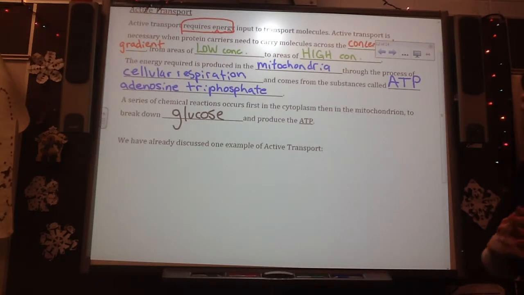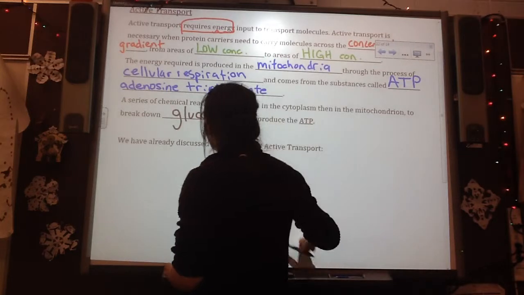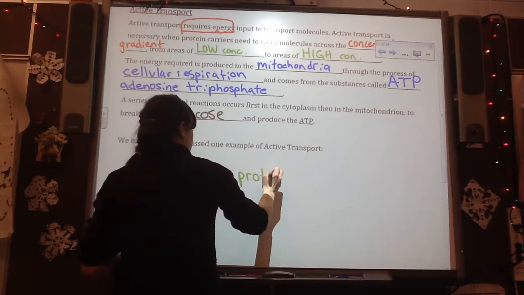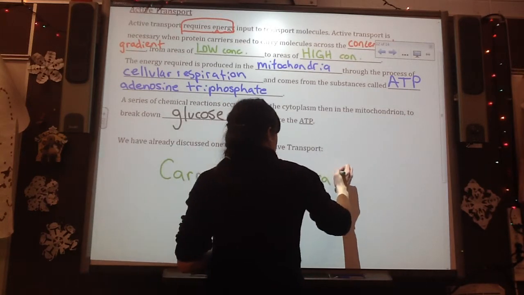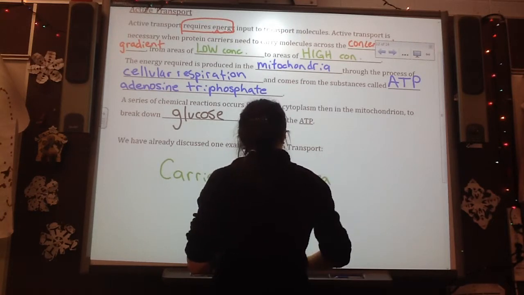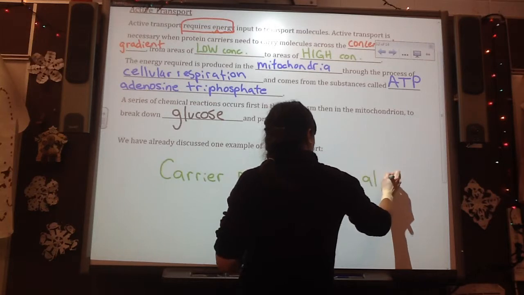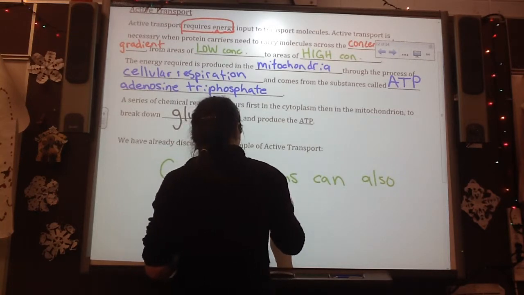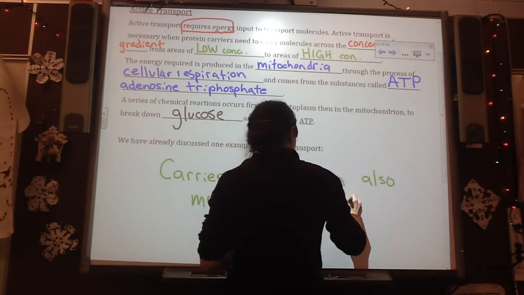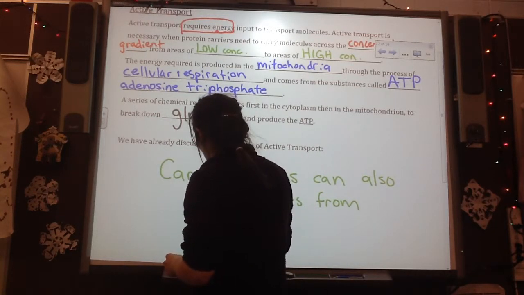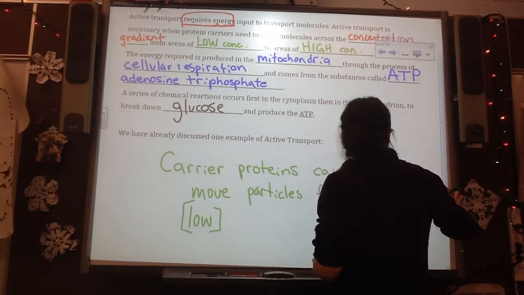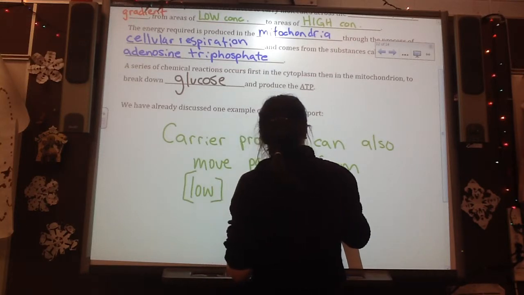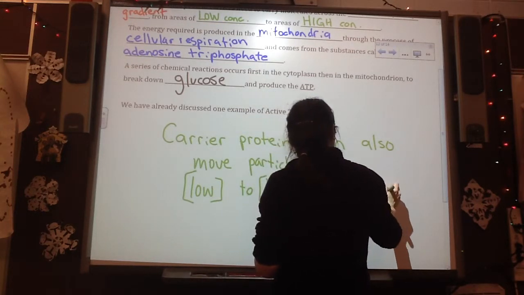So, carrier proteins can also move particles from low concentration to high and use ATP.